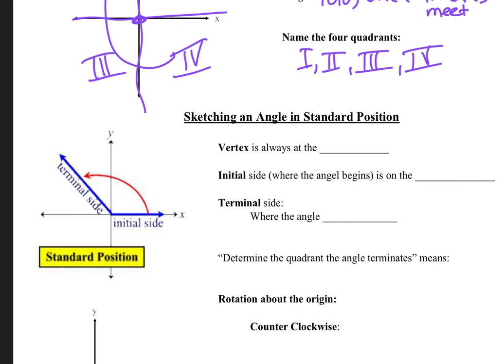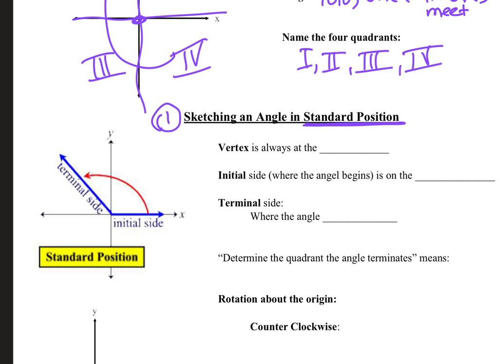All right, so when we're sketching an angle in standard position, there are certain pieces that you need. So we're going to be talking about three types of angles. The first type of angle is when they're drawn in standard position. So you have to know how this angle has been drawn, if it's a standard, a reference, or coterminal.